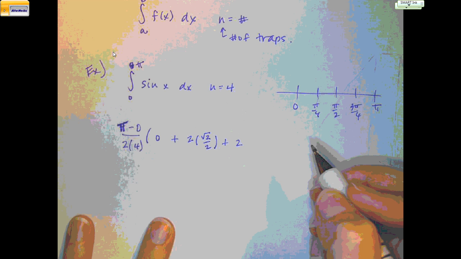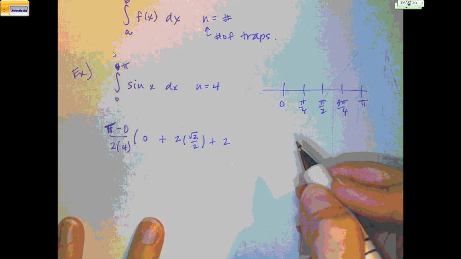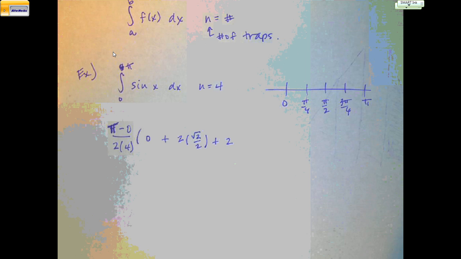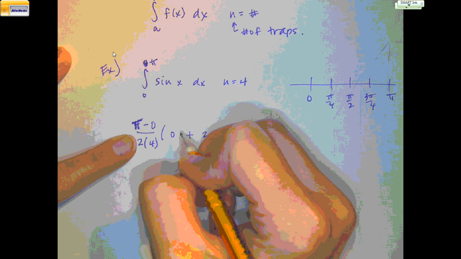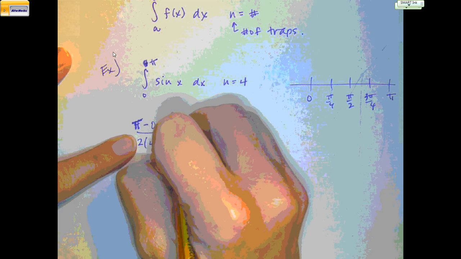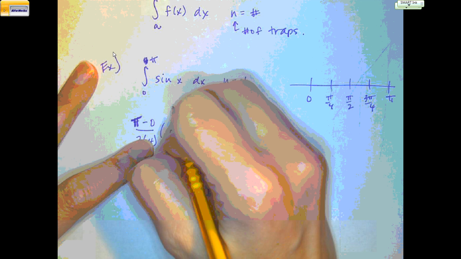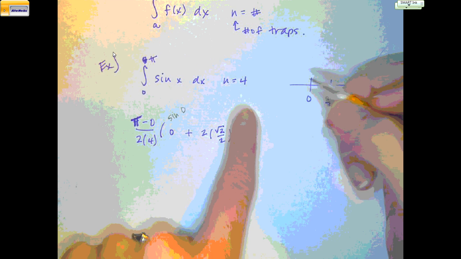Okay, hang on, let me back up. This is your notes, so you might want to write this down instead. You can write out the long way. This is sine of 0 because we divided it into 4 parts.